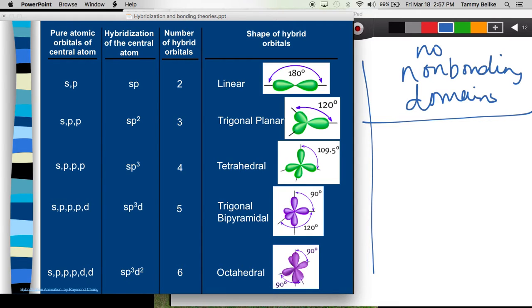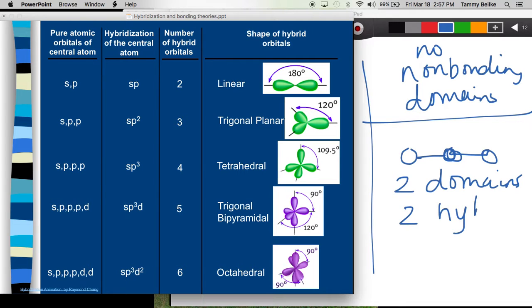So with linear, our molecule that looks like this has 2 domains. So it needs 2 hybridized orbitals.